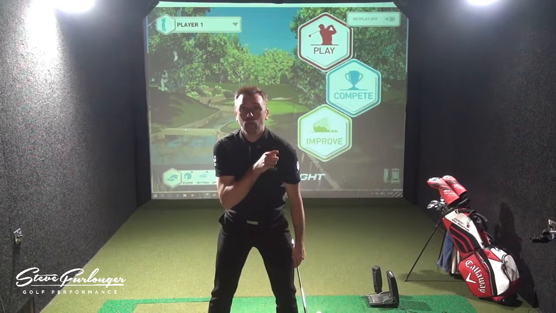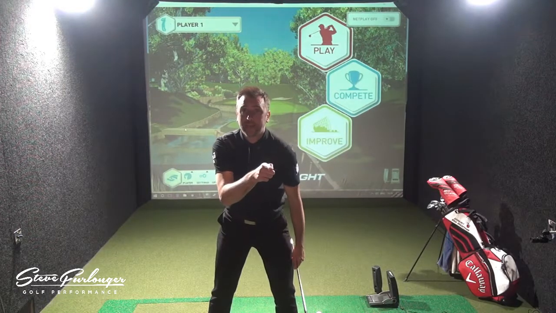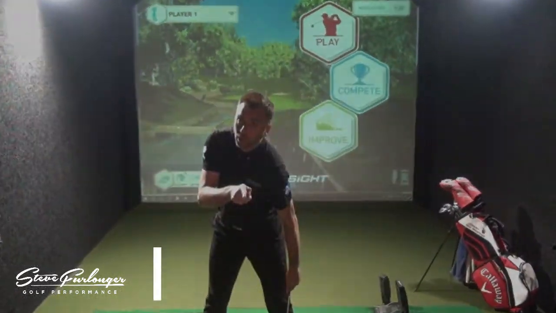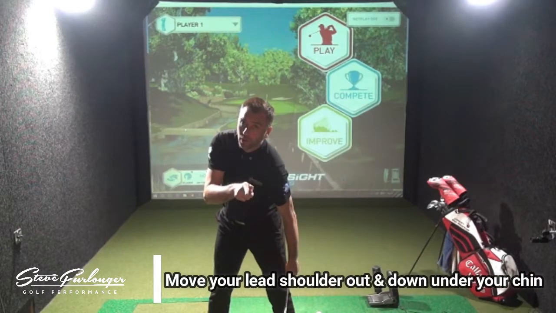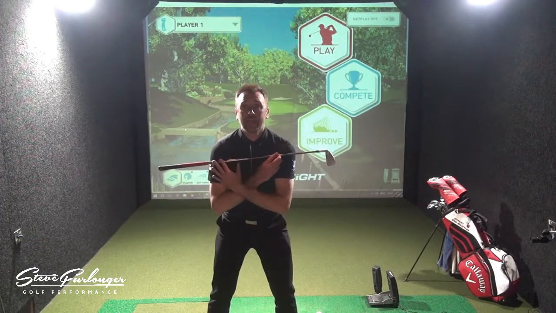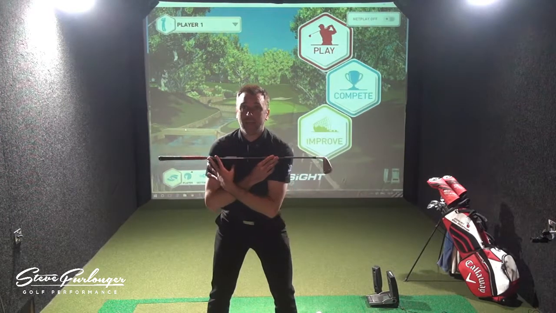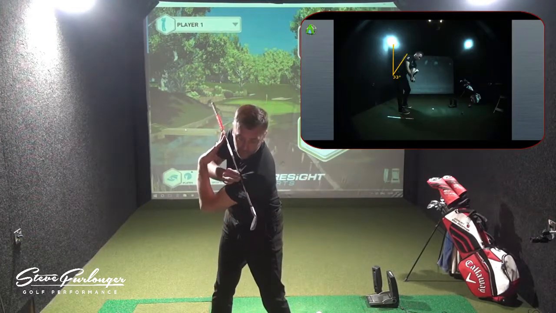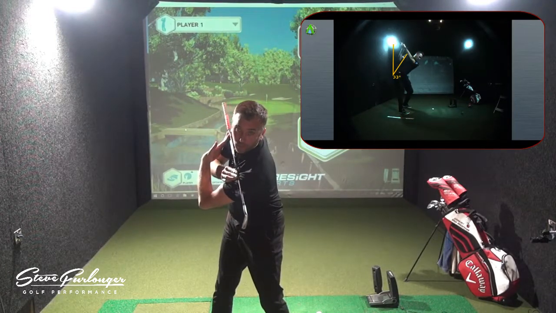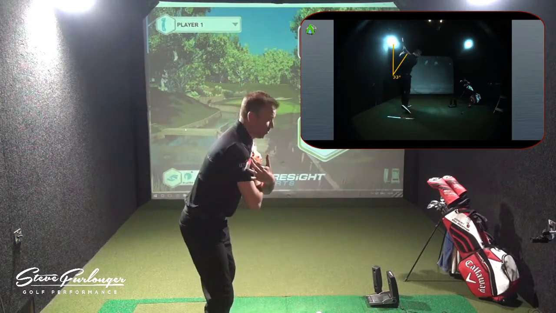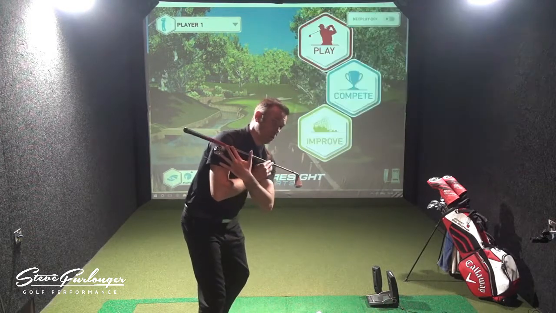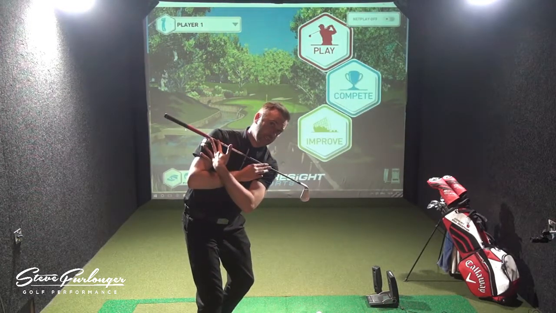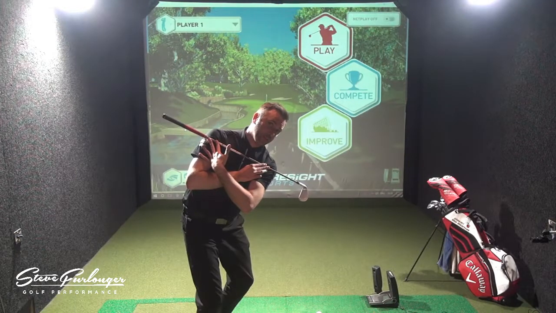So my left shoulder, my lead shoulder, is going to go towards the golf ball and then down under my chin, which is going to get me to rotate my spine and then tilt it towards the left. So then I get my spine angle. From this view here, I come out of posture, I tilt down and regain my angles relative to the ground.